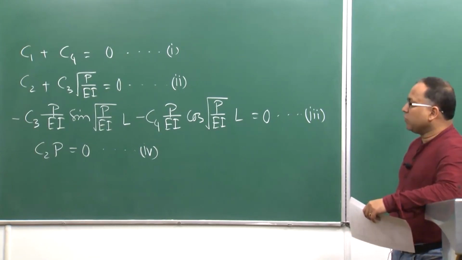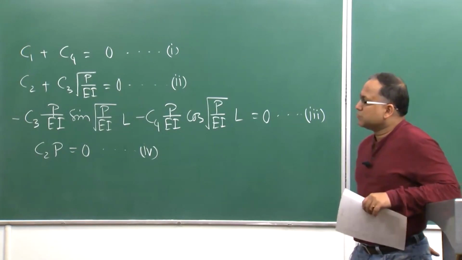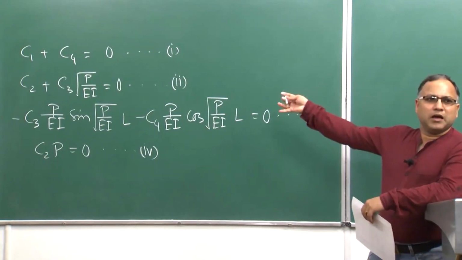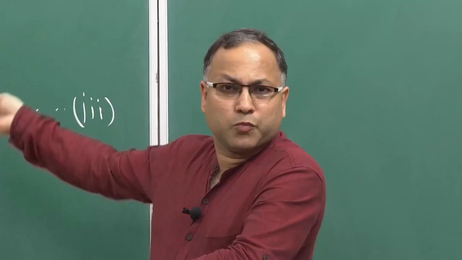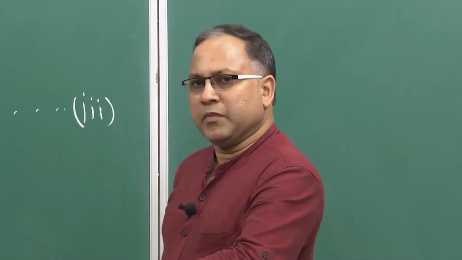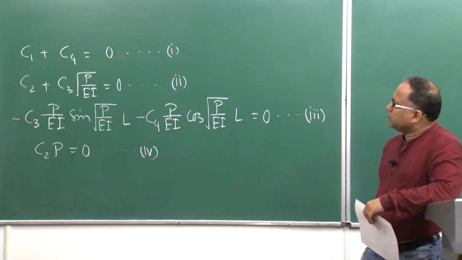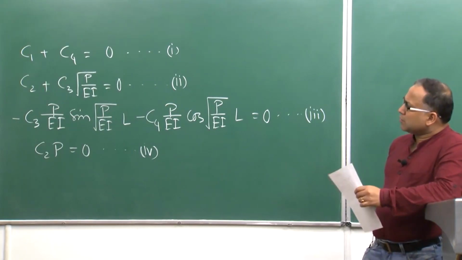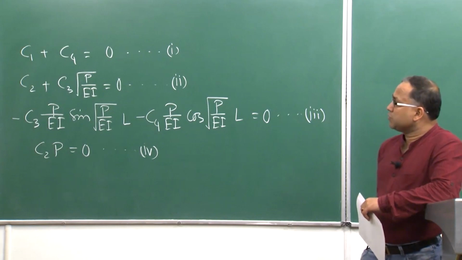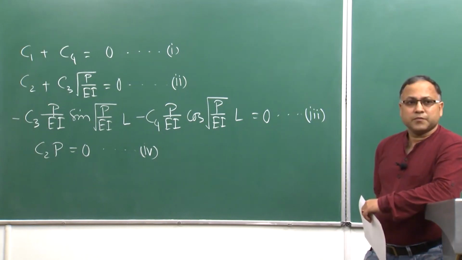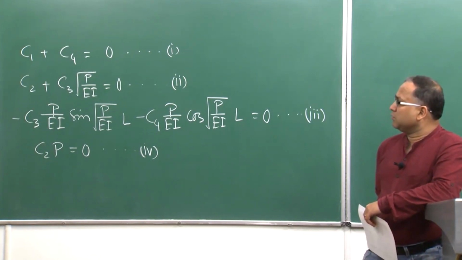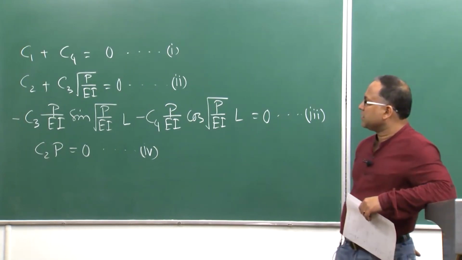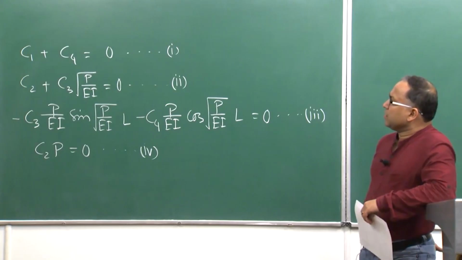Now, if you want to solve this type of simultaneous equations, in mathematics it is called an eigenvalue problem, as you know. One of the trivial solutions of these equations is C1 equal to C2 equal to C3 equal to C4 equal to 0, as we have already seen in the last lecture.